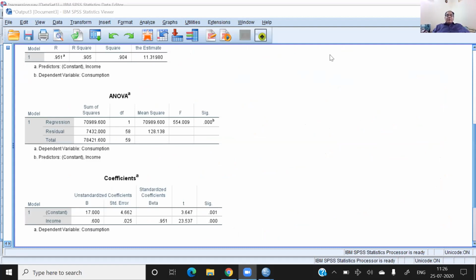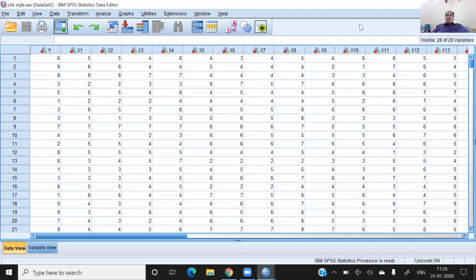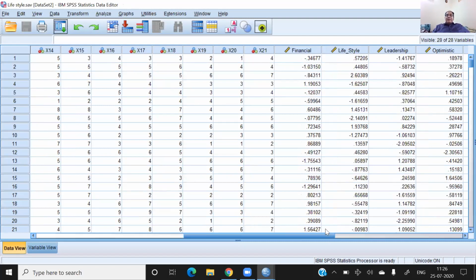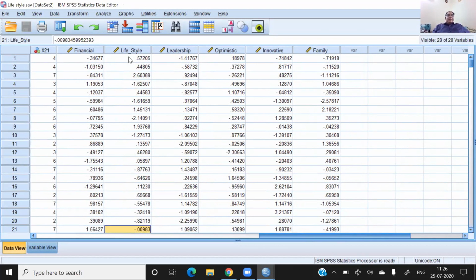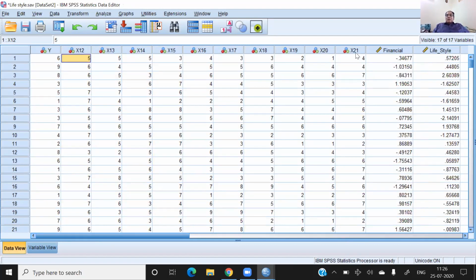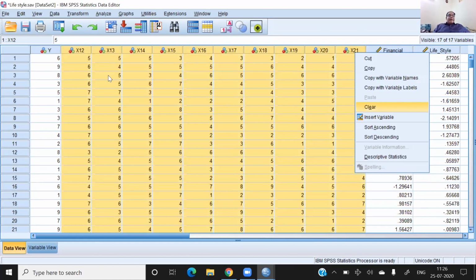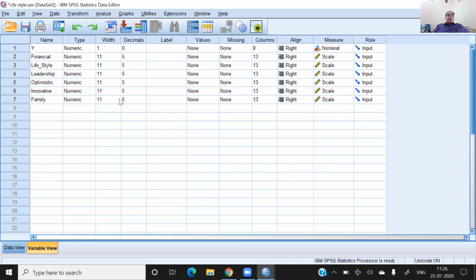Now I'm showing you the multiple regression model, because I already explained the bivariate one. In this file, let me delete the values because they are not required here. I have a dependent variable y and independent variables. I am taking one decimal because more decimals are not required here.